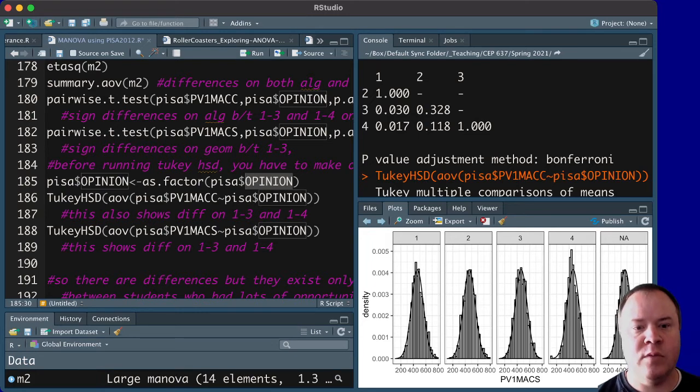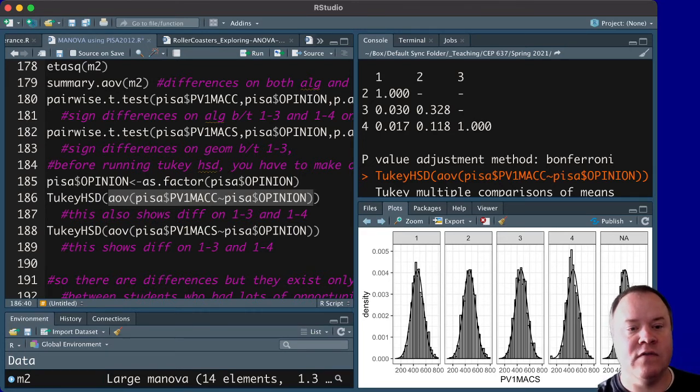But here, if you make this a factor variable, then you can run this Tukey HSD, and you have to put in this code here, which is the code for running an Anova, so that it will automatically pull out the pairwise comparisons for you. So inside of the TukeyHSD aov, you do the same thing as with the pairwise t-test function. Algebra score, tilde, in this case, not a comma, and then opinion.